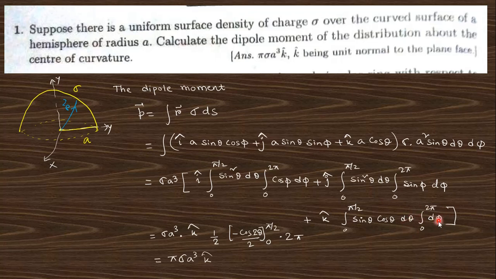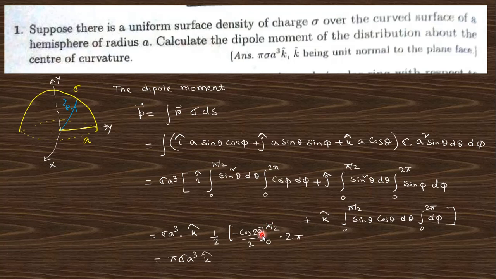The integral of d phi from 0 to 2 pi is 2 pi, and taking the half, you get sin 2 theta. The integral of sin 2 theta is minus cos 2 theta by 2. If you put in the values, there is a mistake, I think.